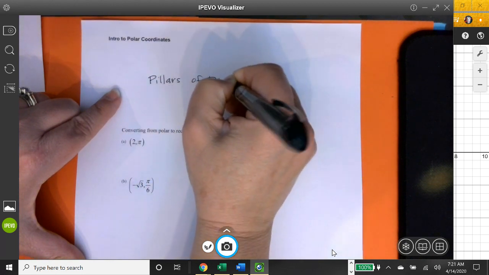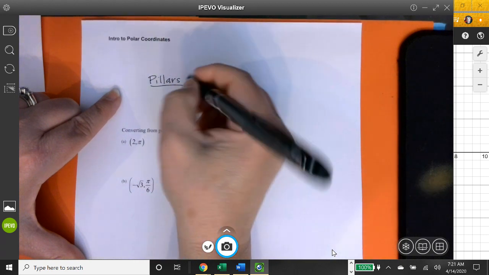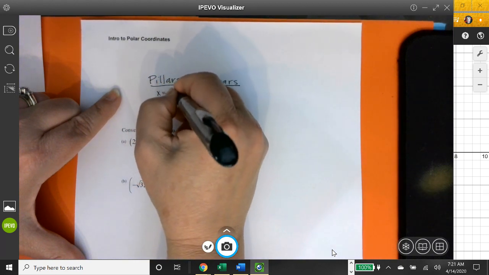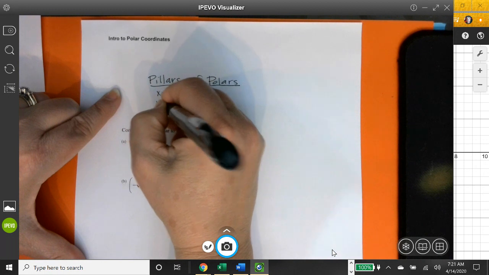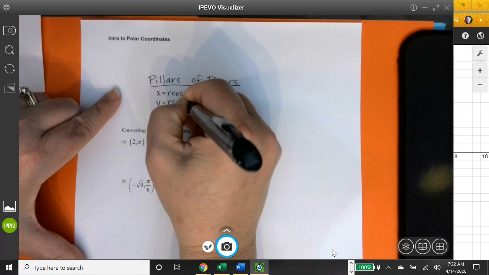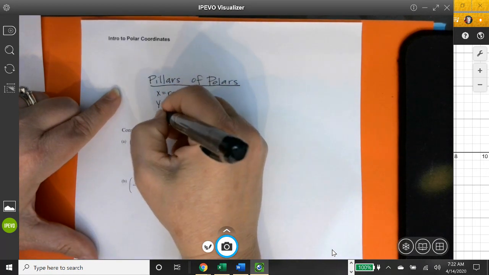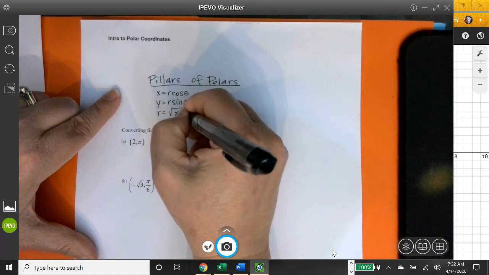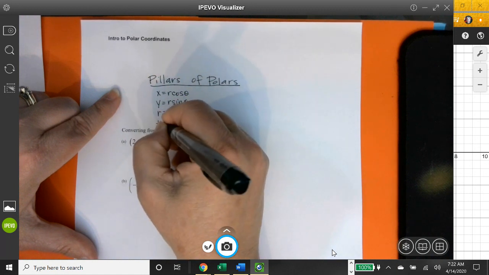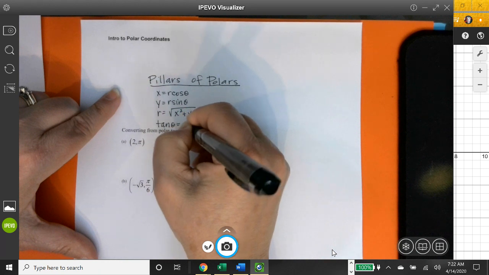For reference, x equals r cosine theta, y equals r sine theta, r equals the square root of x squared plus y squared, and tangent of theta is equal to y over x.